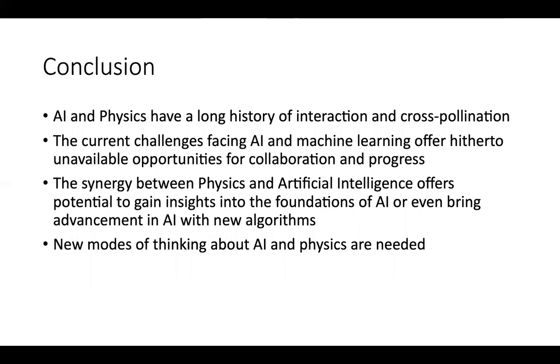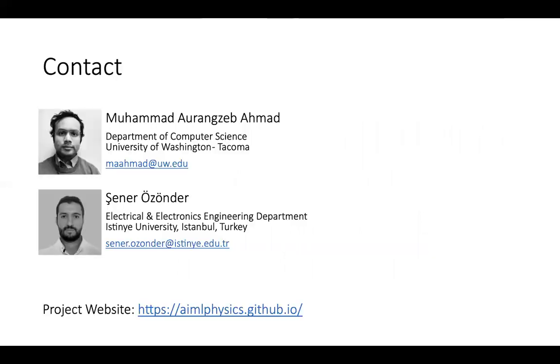The synergy between physics and AI offers potential to gain insights into the foundations of AI and even bring advancement in AI with, say, new algorithms and new modes of thinking. In the second half of the tutorial, my colleague will go over synergies between physics and AI at a more fundamental, foundational level and with greater theoretical rigor.